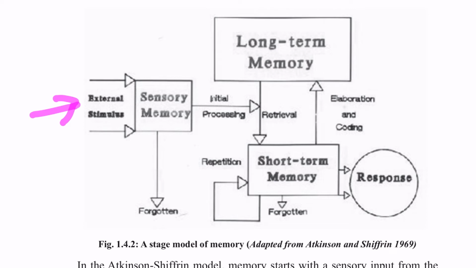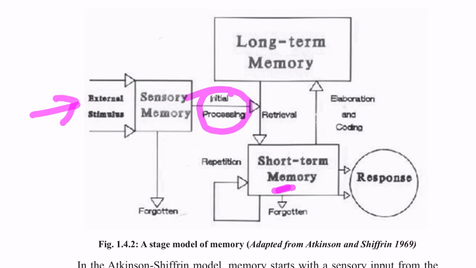Then some initial processing happens, and the information goes into short term memory. From sensory memory we forget information, unless we attend to it or process it automatically, and then it goes into short term memory.